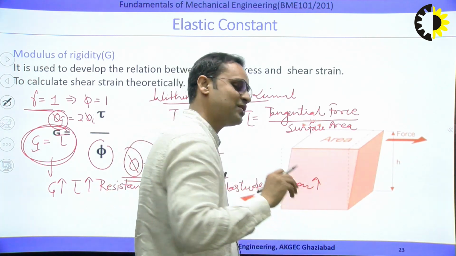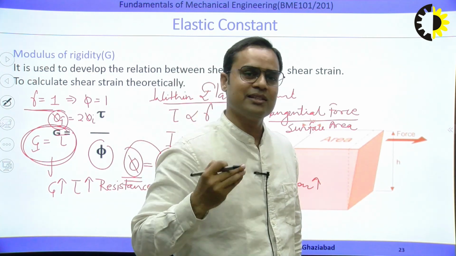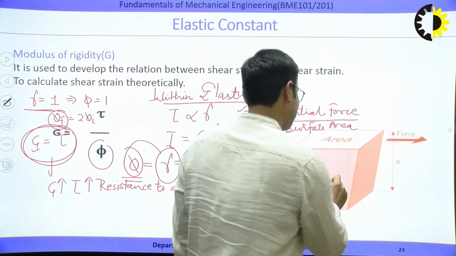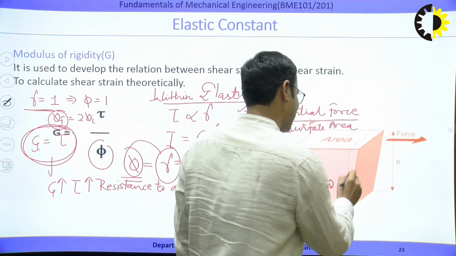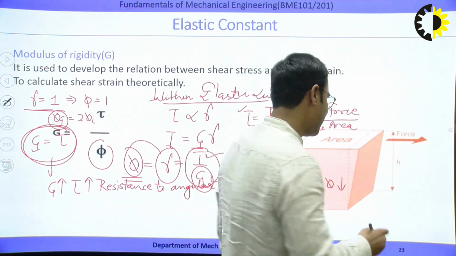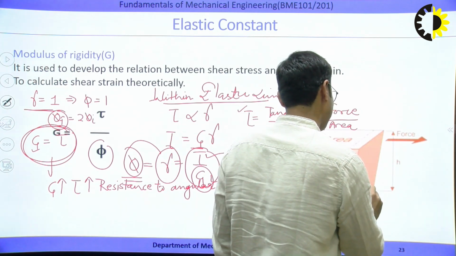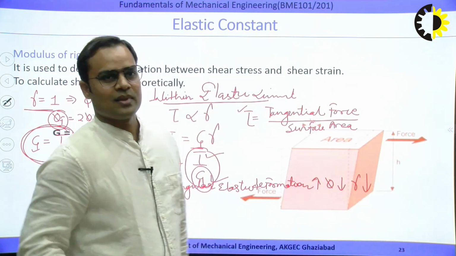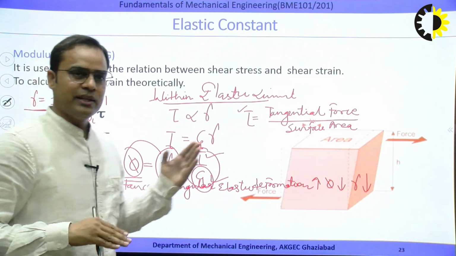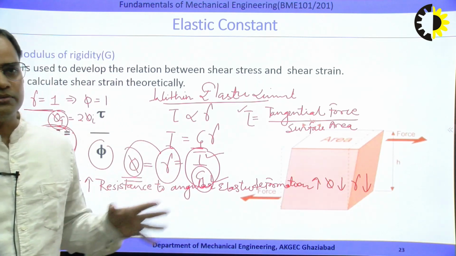If the resistance to the angular elastic deformation increases, what is the meaning of that? Change in angle will decrease, means shear strain will decrease. Correct?